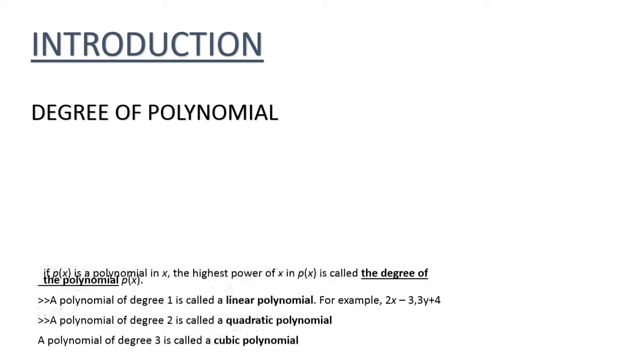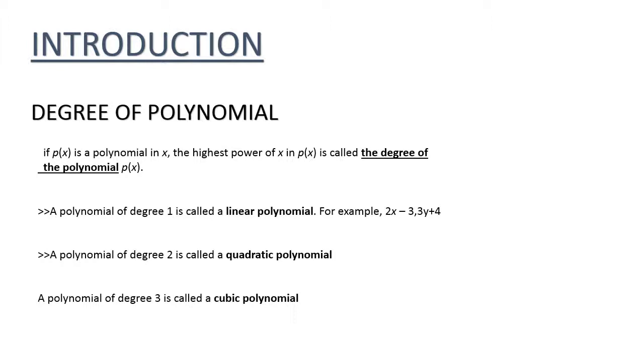Introduction. What is the degree of a polynomial? Basically, the degree of a polynomial is the highest power of x present in the polynomial. If P(x) is a polynomial in x, the highest power of x in P(x) is called the degree of the polynomial.